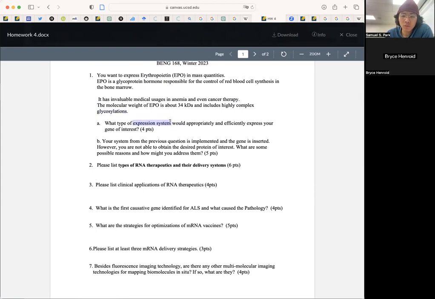I think the answer that she's expecting is to address how the level of glycosylation is somewhat proportional to the complexity of the organism that we choose to express our protein of interest.